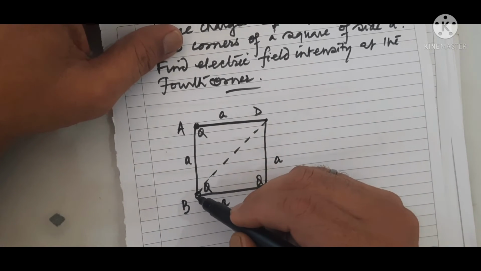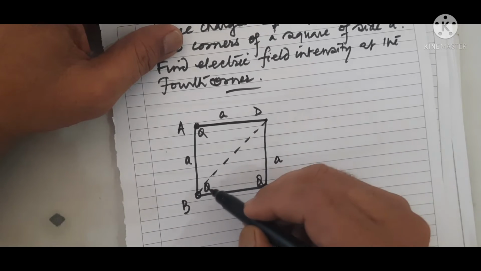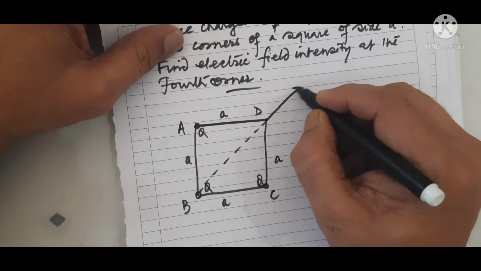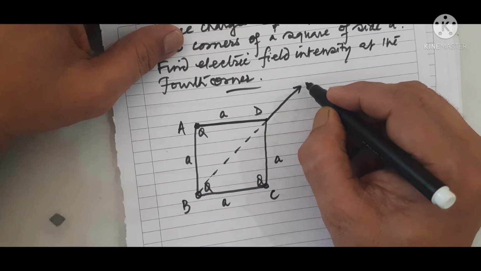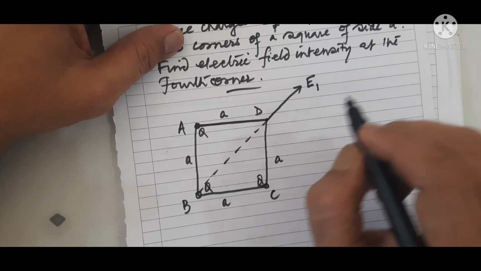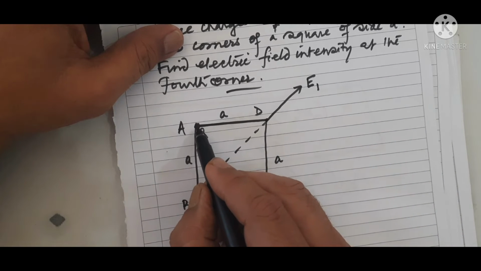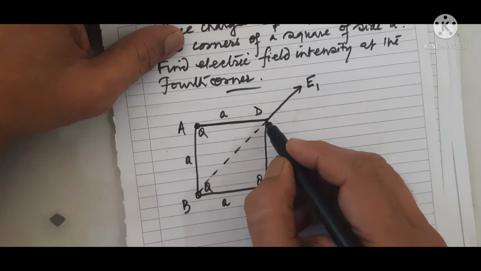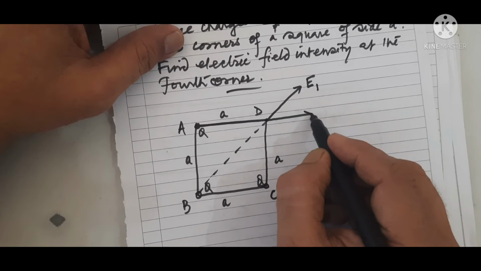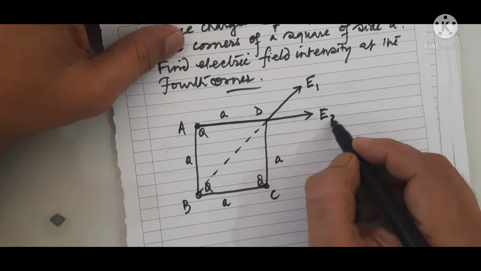So first of all, at this point, the electric field intensity has this direction, and its value, for example, is E1. And for the charge at point A, the electric field intensity at this point is away from it, that is E2.